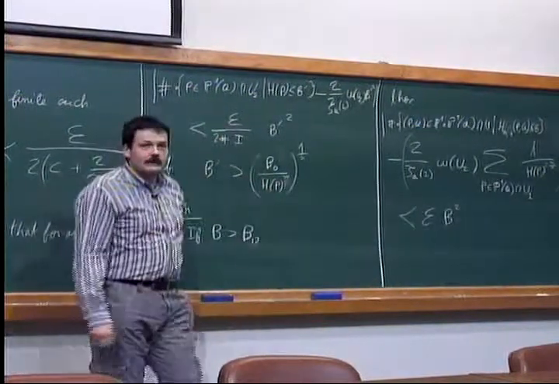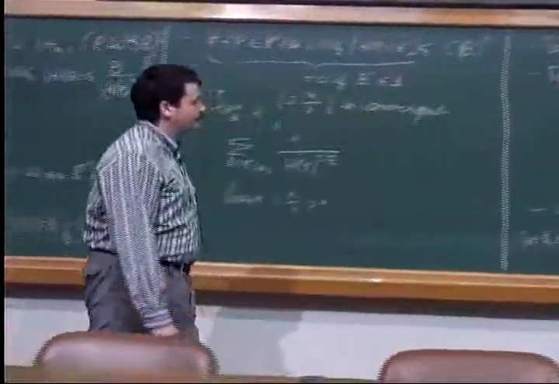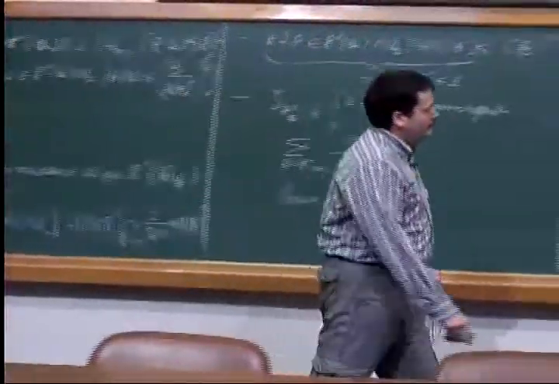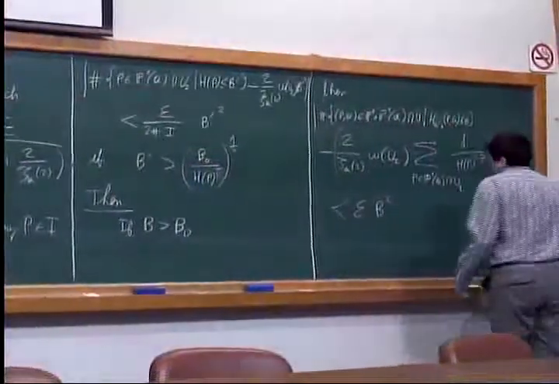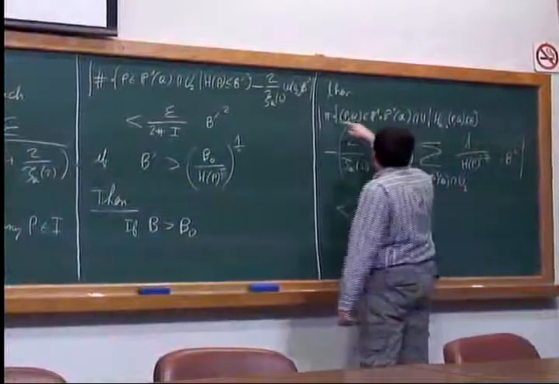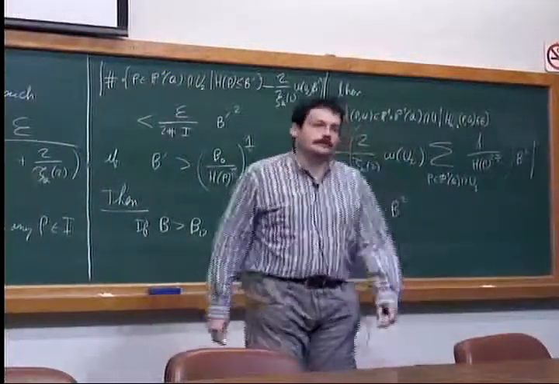So this gives epsilon times b square. So we get that this is equivalent to this as b goes to infinity.